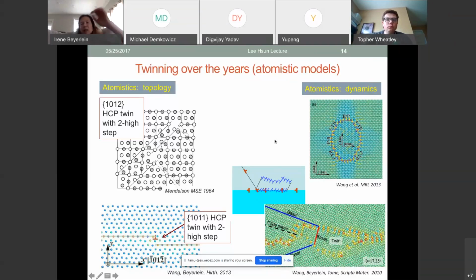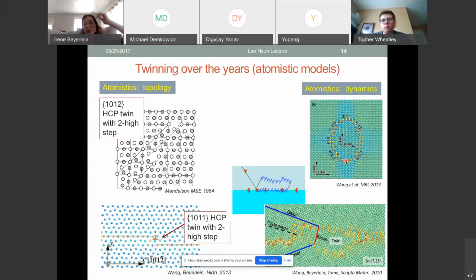There's also been this idea of how a twin nucleus forms and grows. And here's some work using atomistics in magnesium, from Jian Wang et al. in Materials Research Letters, where a stationary large defect was implanted, and then under relaxation, it evolved into a twin embryo, and the growth of this embryo was studied.